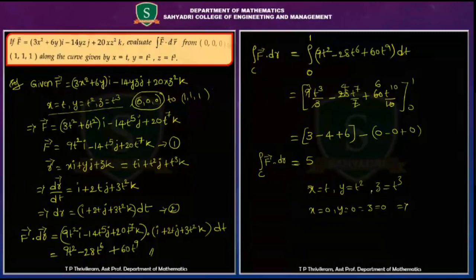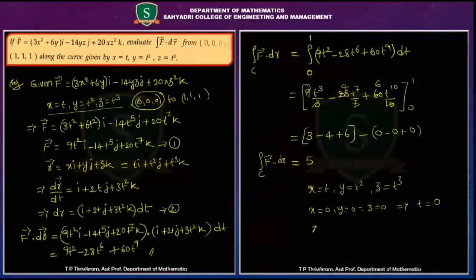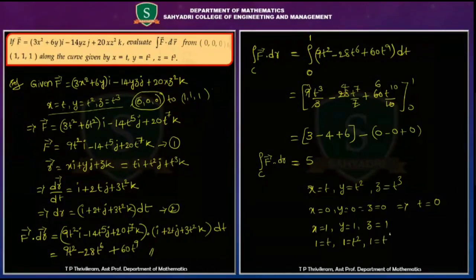If you put 0, 0, 0 here, what happens? T is also 0. Correct. Similarly, x equal to 1, y equal to 1, z equal to 1. What happens? 1 equal to t you will get. Similarly, 1 equal to t square, and 1 equal to t cube. So t equal to 1 here.